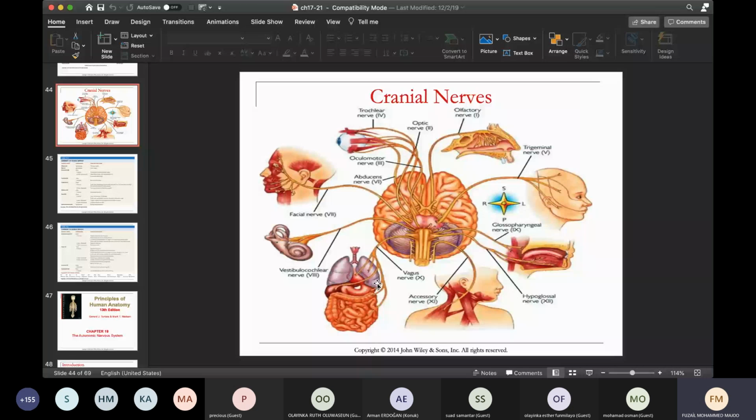Your swallowing, vocalization, even coughing, that's all vagus nerve. Of course, that's going to be the motor branch, not the sensory. There are also your GI organs, your digestive organs, and even your lungs.